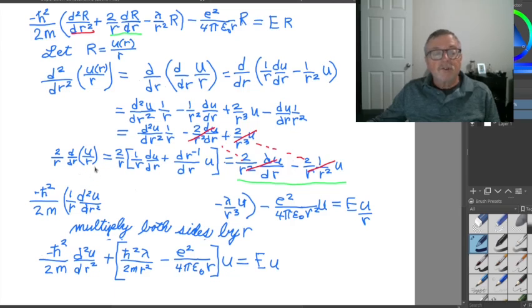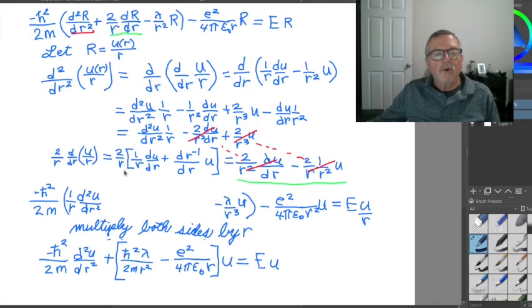Now, what's this line? Oh, this is the green line. Now this one isn't that bad. 2 over r times the derivative of u over r. Here's 2 over r already, and that came from up here in the green line.